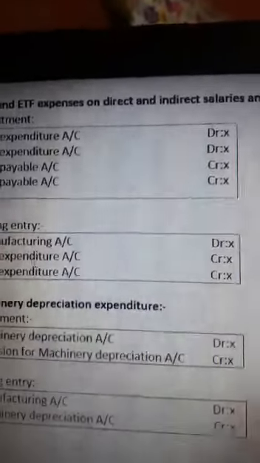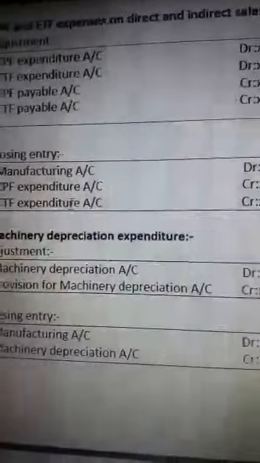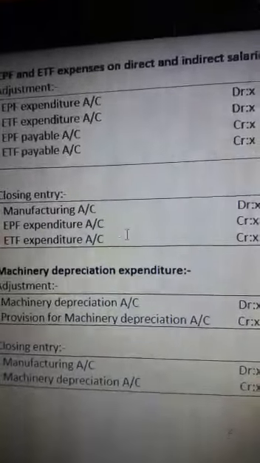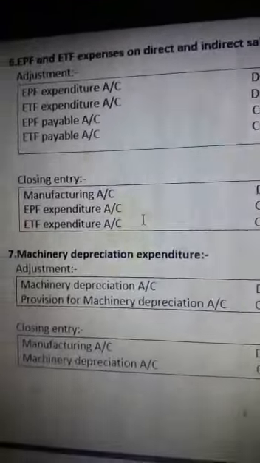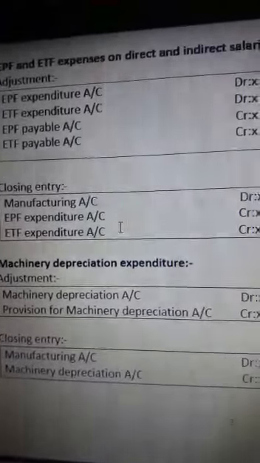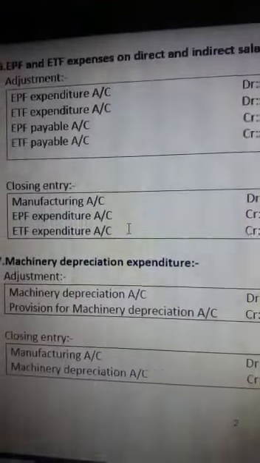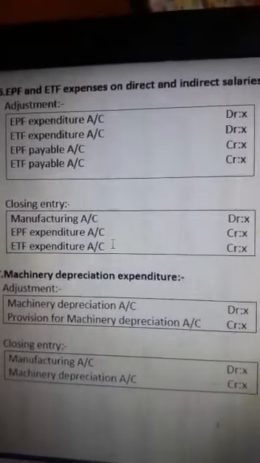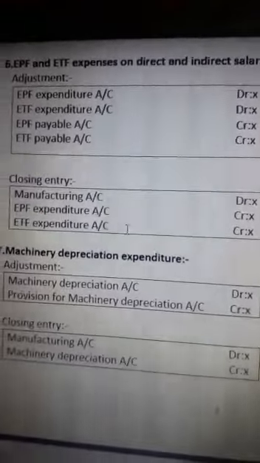So the important thing here also is the closing entry. EPF expenditure and ETF expenditure should be added to the cost of production, because by the EPF and ETF expenditure, the total cost of production of the period would increase, as those people are working for the production process in this organization.